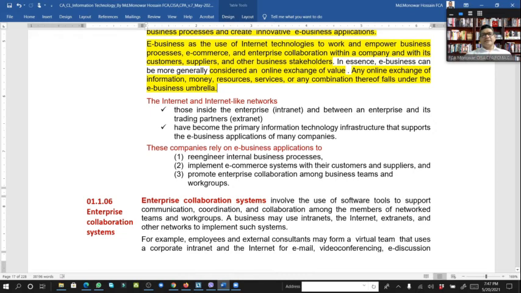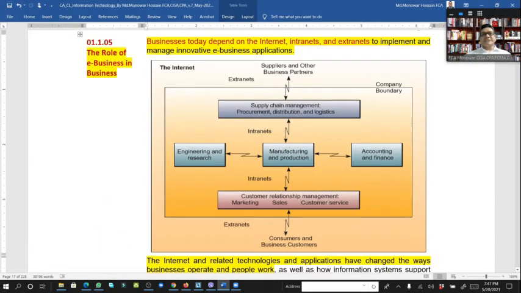The internet and internet-like networks are inside the enterprise, within the organization, and between the enterprise and its trading partners, which is external. That means this is the extended, the internal and the external.